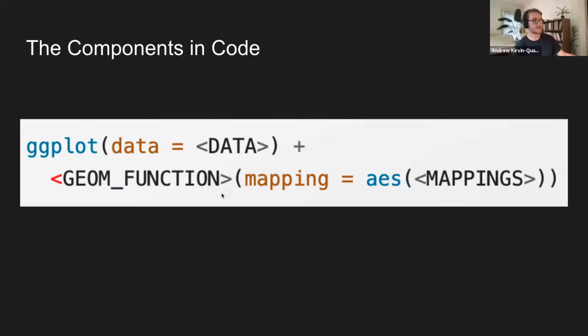And then you give the geom function a mapping, which is what gives you the coordinate system. And a sort of strange thing is that for the mapping, you have to put the mappings inside of this aesthetics function. But I don't exactly know why. I think we talked about it a little bit before, but it's just a weird thing about ggplot.